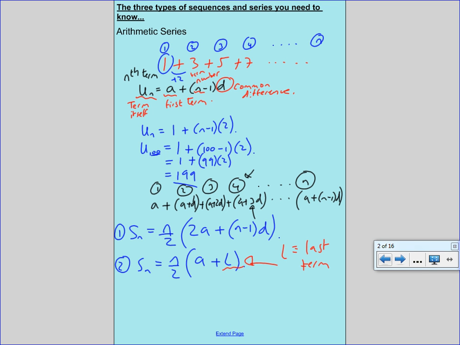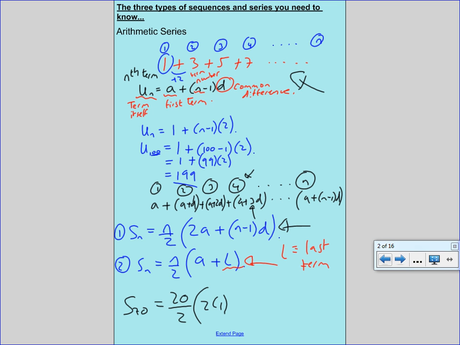Let's use this quickly to demonstrate. So let's go back to my original one. Now I want to find the sum of the first 20 terms. So S20 equals, well, n is 20 divided by 2. I'm going to use formula 1 here. My a is 1, isn't it?